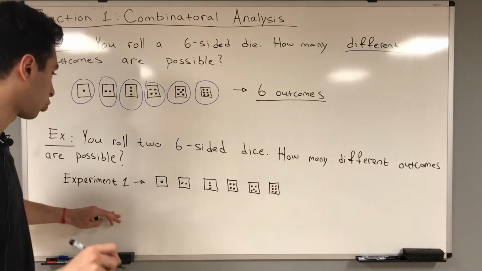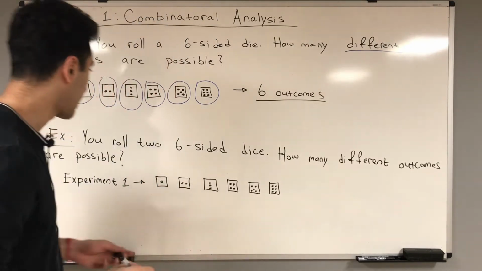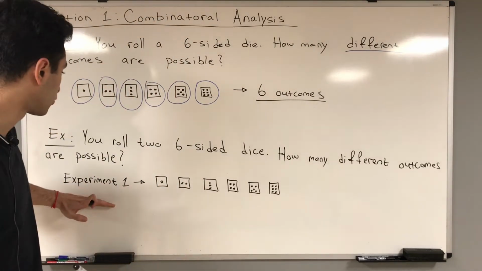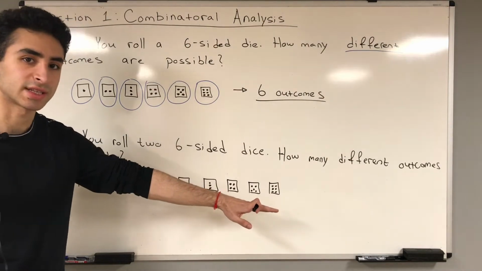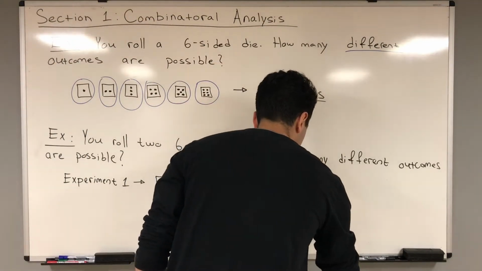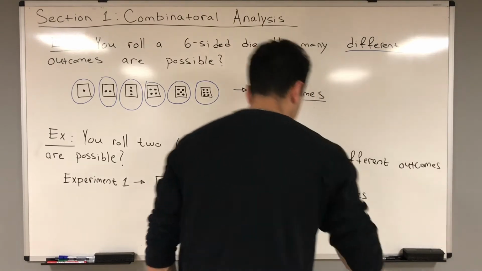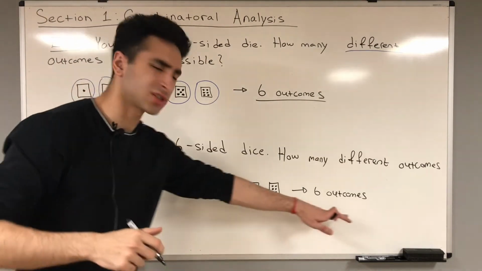So experiment 1 is rolling this six-sided die, right? And as we saw before, when you roll this one die, you get 6 outcomes. You get 6 outcomes if you roll the first die, in general. Okay, so just ignore this for now.